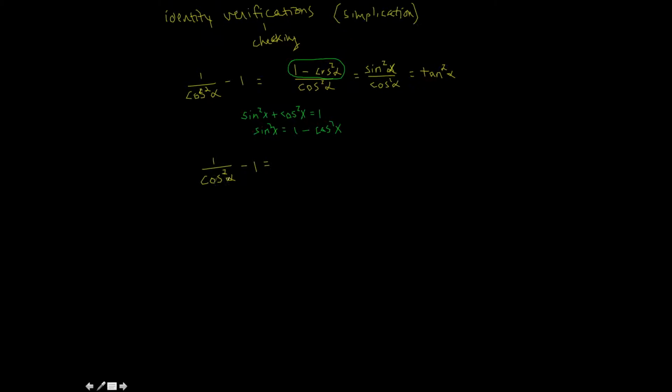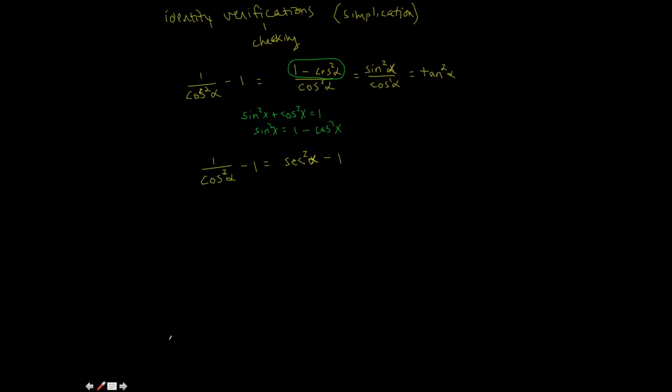So 1 over cosine squared would be secant squared. Everybody see that? 1 over cosine is secant. And I wrote x again when it should be alpha. I have a hard time with alphas. Okay, so now that's just your basic reciprocal identity there. 1 over cosine is secant.